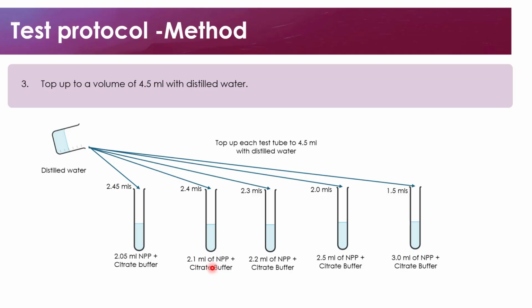To test tube 3, we add 2.3 mL of distilled water to get a final volume of 4.5. To test tube 4, we add 2.0 mL of distilled water to get a final volume of 4.5. And to test tube 5, we add 1.5 mL of distilled water to get a final volume of 4.5.